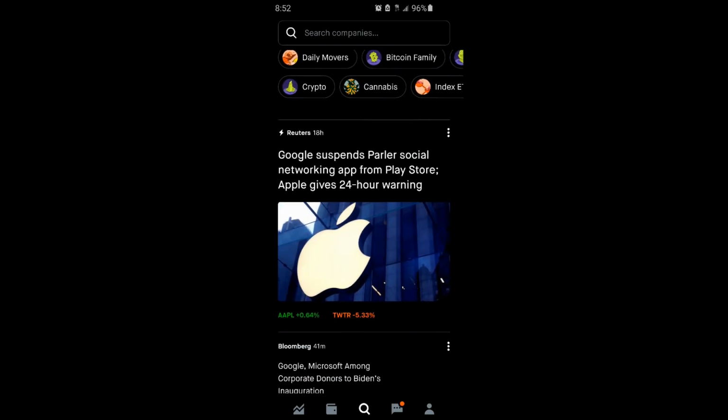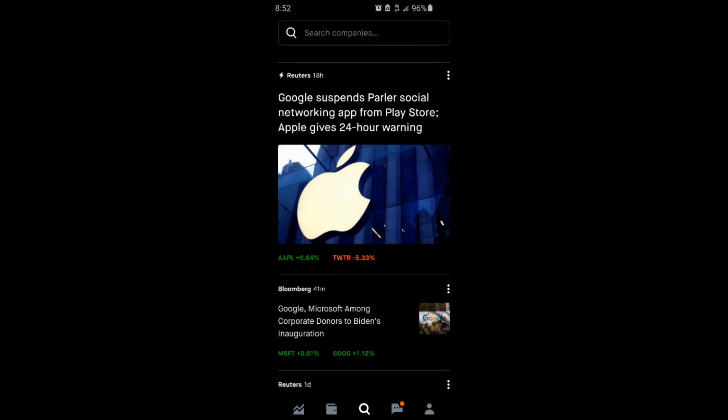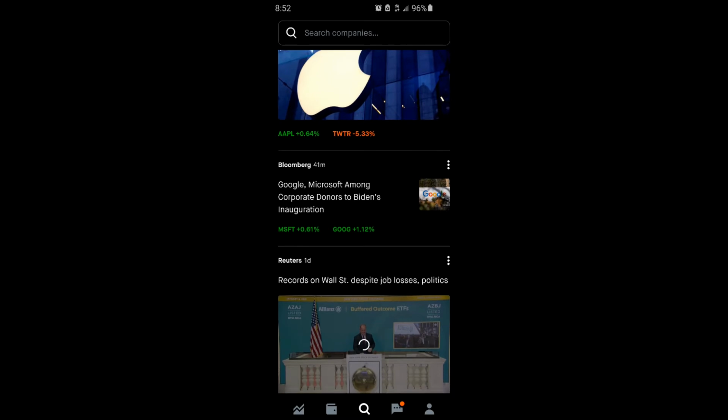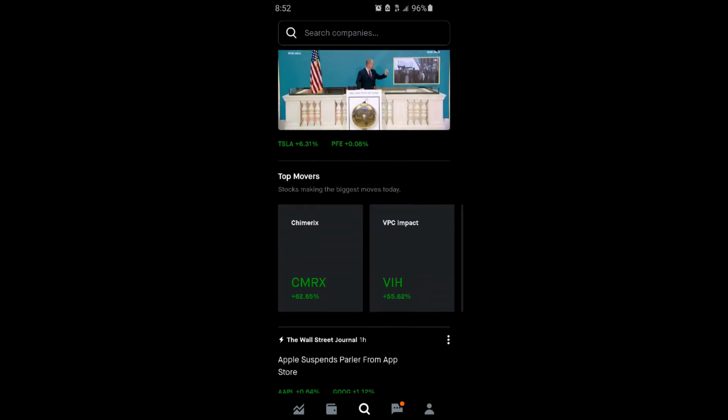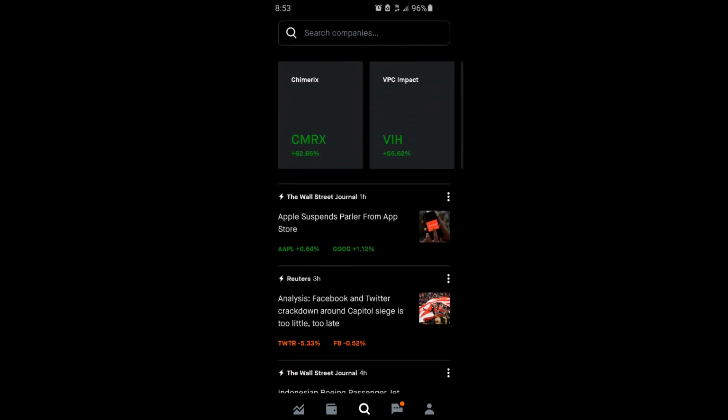Then if you keep on scrolling down here, it'll show you news articles that are happening and causing some changes to the stock price. It even shows you which companies are being affected by these articles, and it shows you their percentage of change for the day below the article. You can just click it and see more about it.